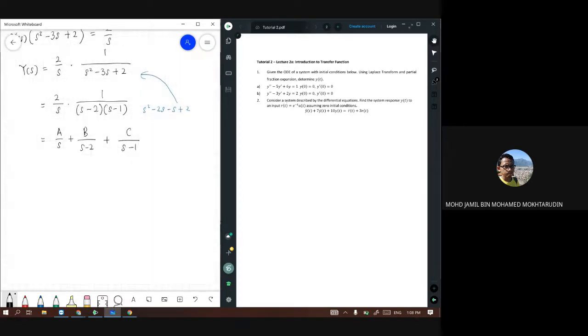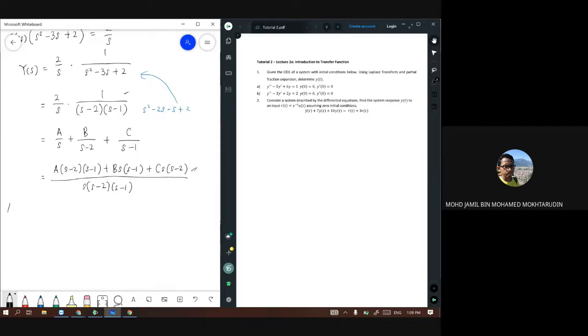Okay, simplify into a single fraction: A times (s minus 2)(s minus 1) plus Bs(s minus 1) plus Cs(s minus 2), divided by s(s minus 2)(s minus 1). Okay, compare this with this.